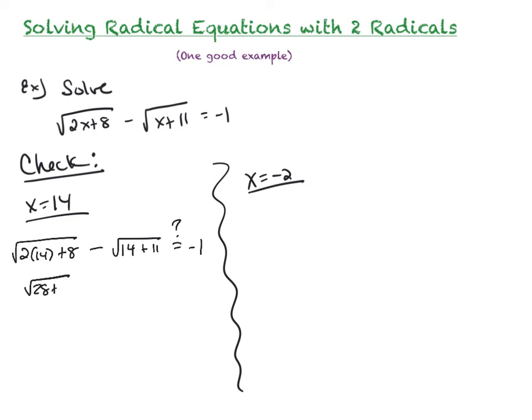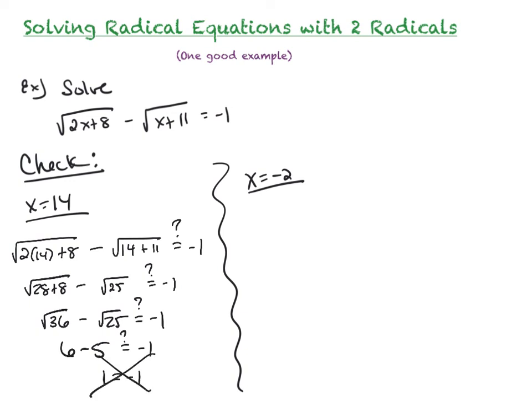So 28 plus 8 minus the square root of 14 plus 11, which is 25. And I hope this equals -1. But we have a problem. 28 plus 8 is 36. So the square root of 36 minus the square root of 25 is 6 minus 5, which is not equal to -1. It equals +1. So that tells us that x equals 14 is not one of our solutions.